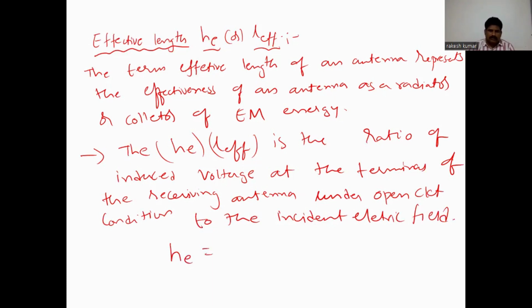Effective length H effective is equal to V open circuit by E.